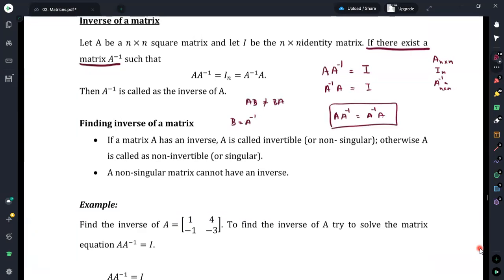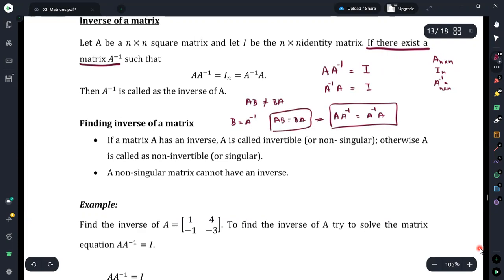If B equals A inverse, then AB equals BA, so A times A inverse is equal to A inverse times A. We use this notation to denote A inverse, and it is pronounced as the inverse of A.